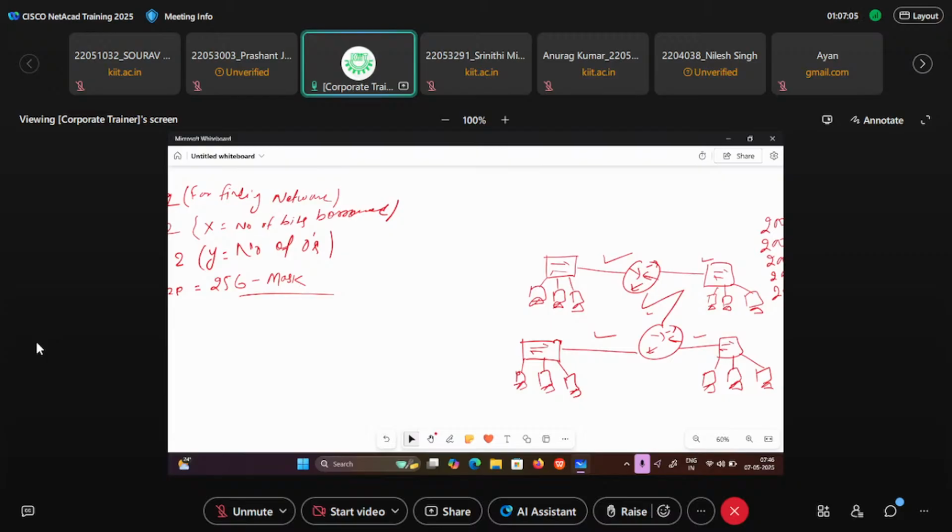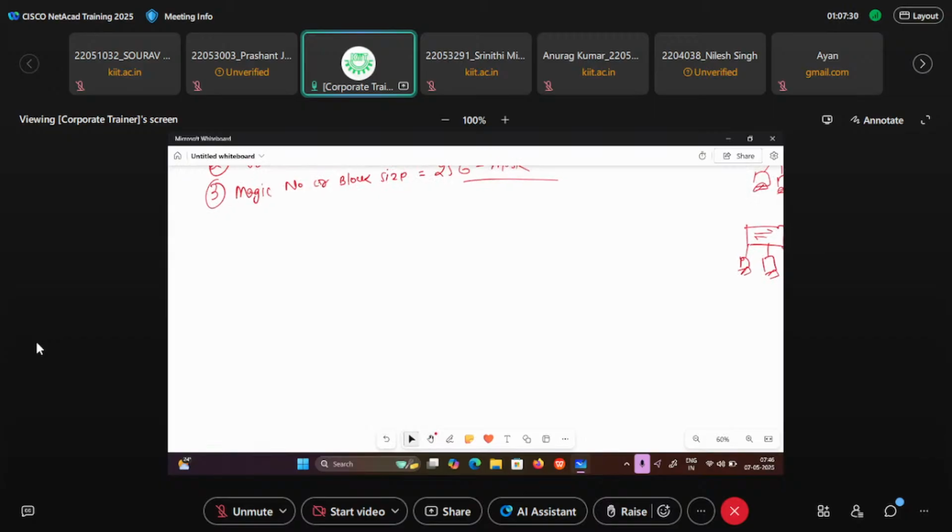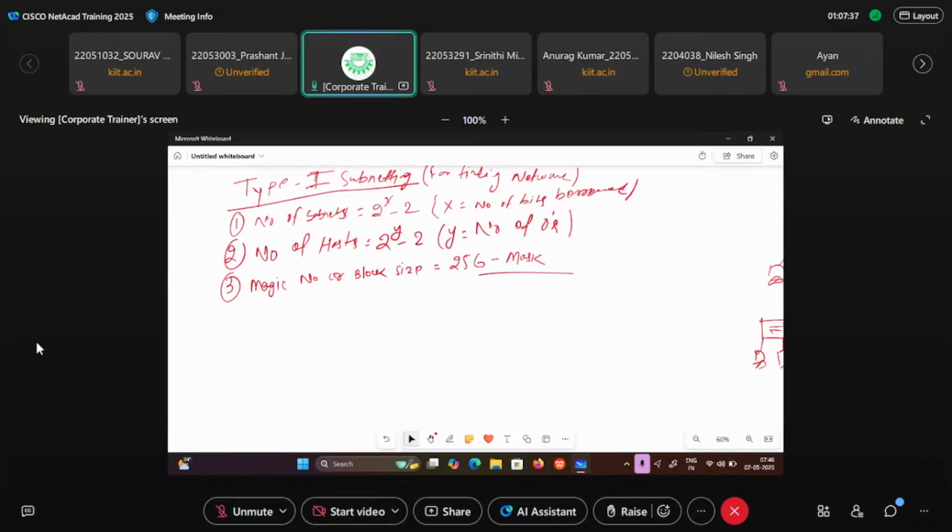If you use classful IP, suppose you have used a class C IP, in each network you can configure 254 hosts, but suppose you require fewer hosts, then the loss of IPs is going to be wastage, right? But our requirement is only 5 networks. So on the basis of networks, all three formulas which you have written on the top, in type 1 subnetting, I mean for finding the network, we can apply.